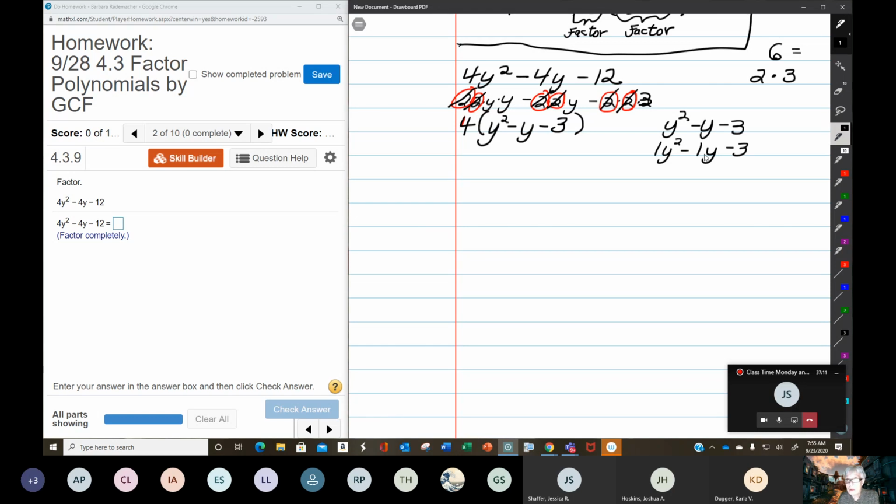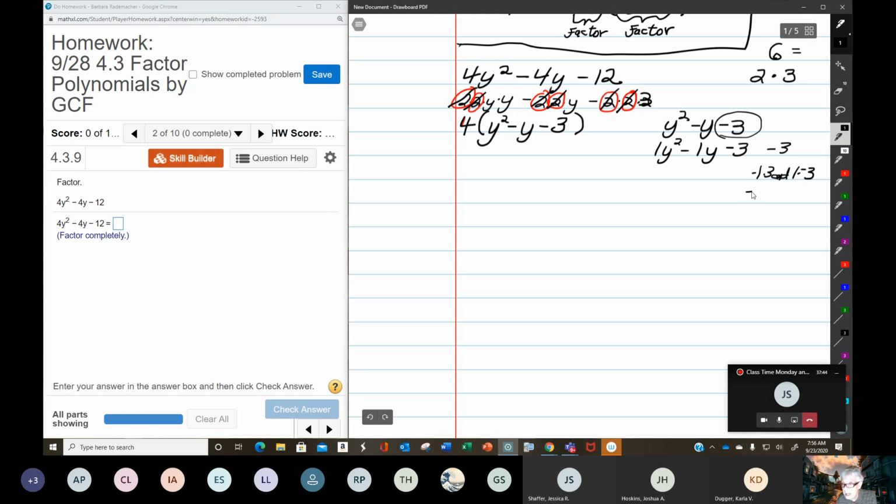Now, my goal when I have a 1 in front of the y squared is to factor the end number and see if I can find any factors that add up to -1. So let's see. We've got -3, and -3 doesn't factor into a lot. It factors into -1 times 3 and 1 times -3.